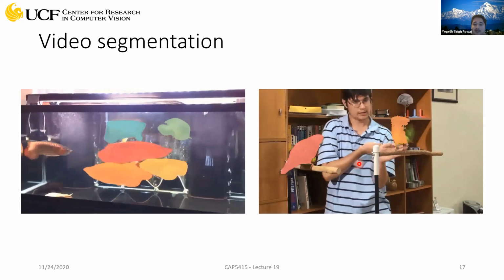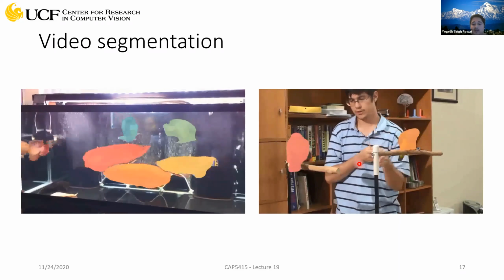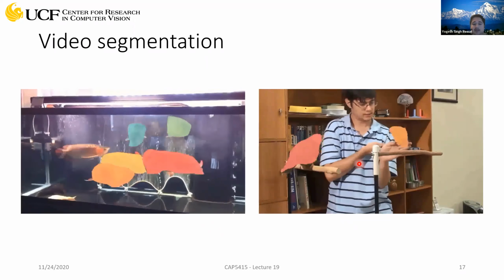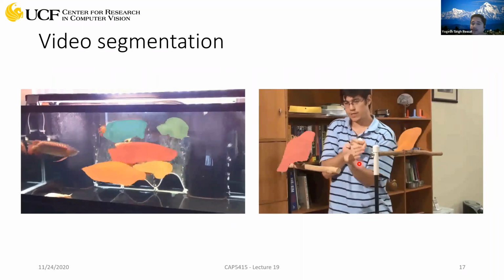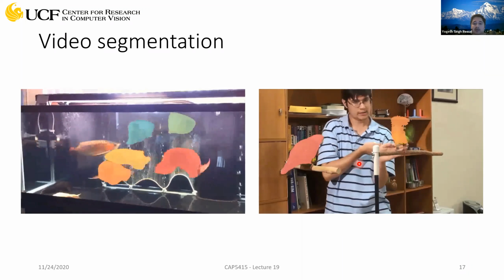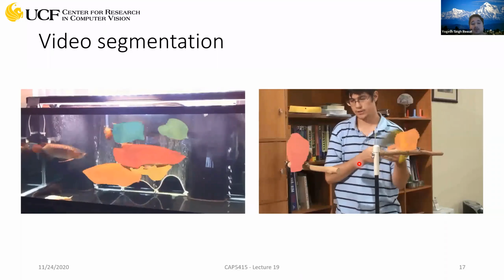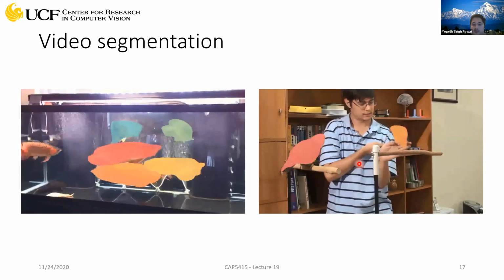Now, that being said, it's easier to track, but again, if you think about this, it's a very challenging problem because in images you just have to segment a single image. In this case, since you have a sequence of frames, many other restrictions apply. For example, if you have to train your network, you cannot develop a very huge network due to memory requirements.